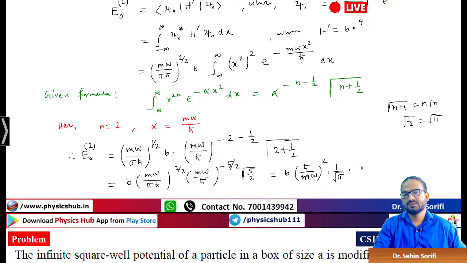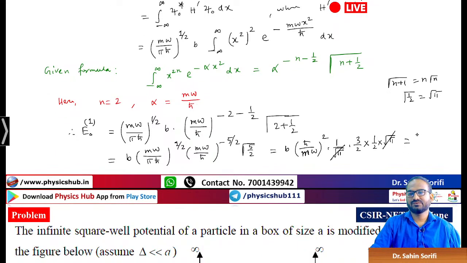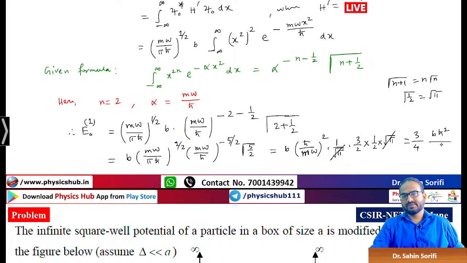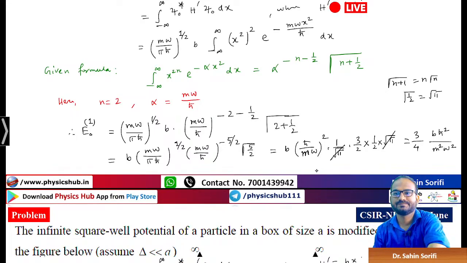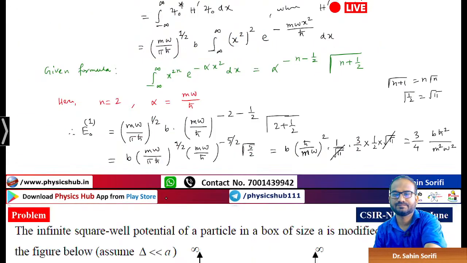Gamma 5 by 2 is 3 by 2 times half gamma half, so this root pi gets cancelled. Ultimately you are left with 3 by 4 b h cut square divided by m square omega square, and that matches option A. Is it clear completely or not?